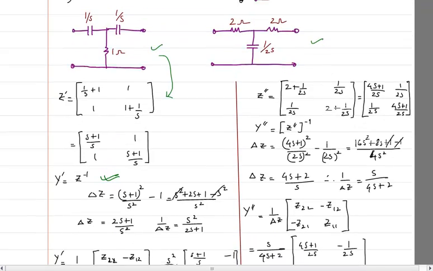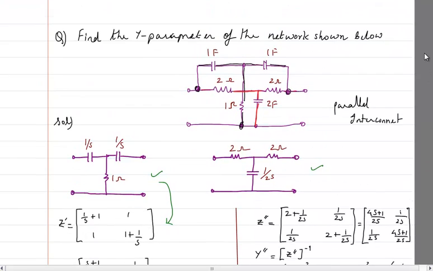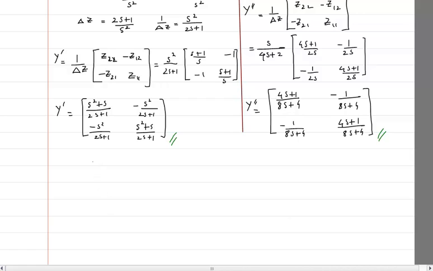And now I am going to directly write what is going to be the answer for the total. So what is the question they have asked? They have asked find the Y parameter of the network. Therefore, let me use a different color.